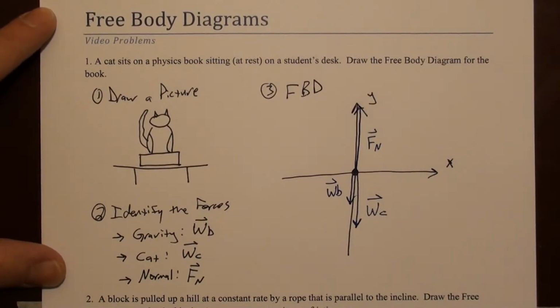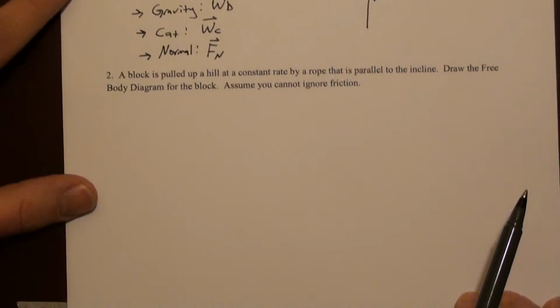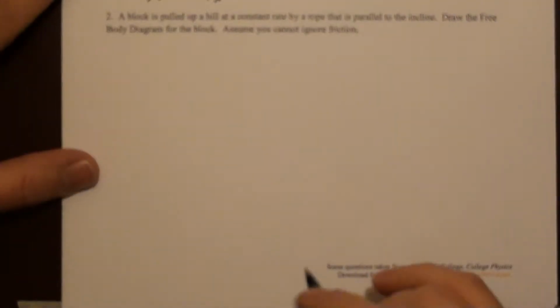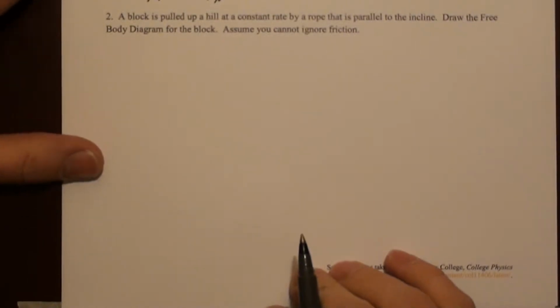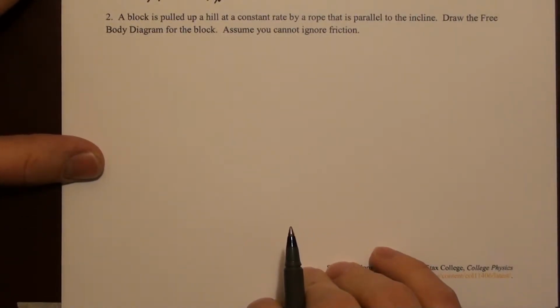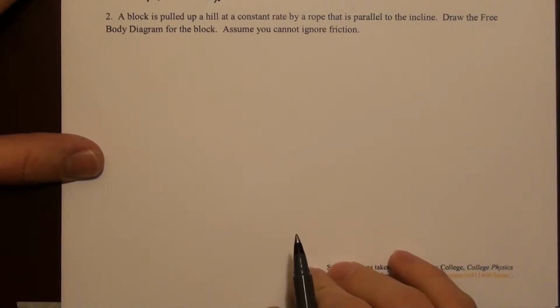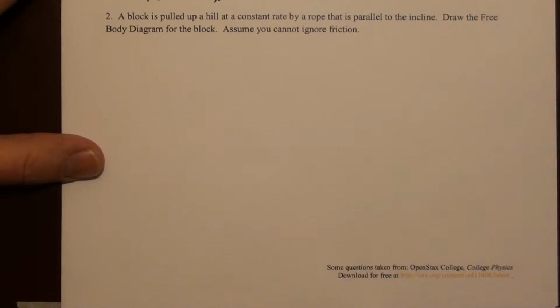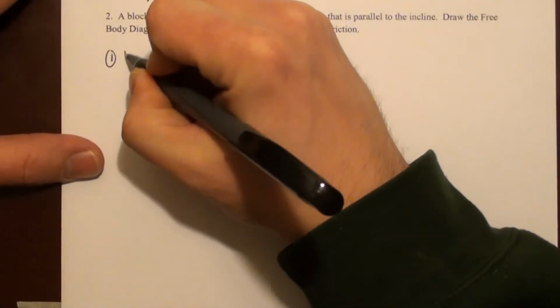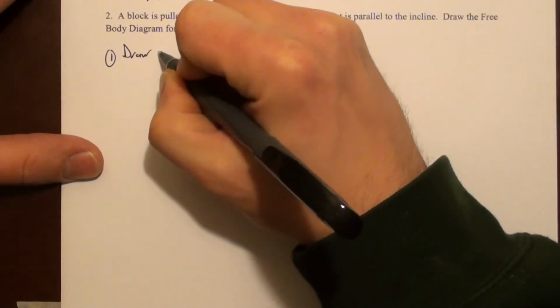Okay. So looking at the second problem, a block is pulled up a hill at a constant rate by a rope that is parallel to the incline. Draw the free body diagram for the block. Assume you cannot ignore friction. So again, we will draw the picture.